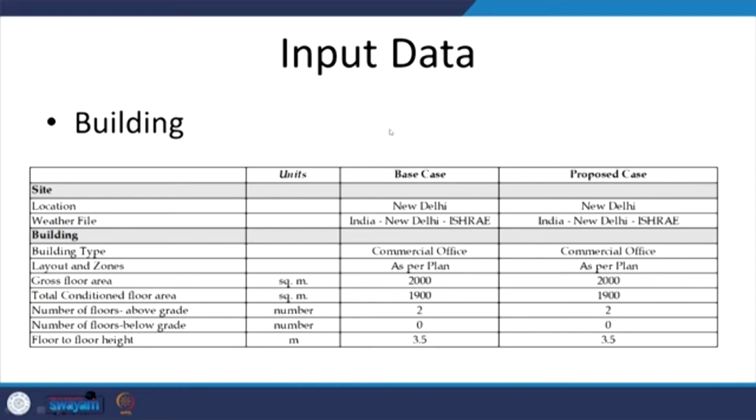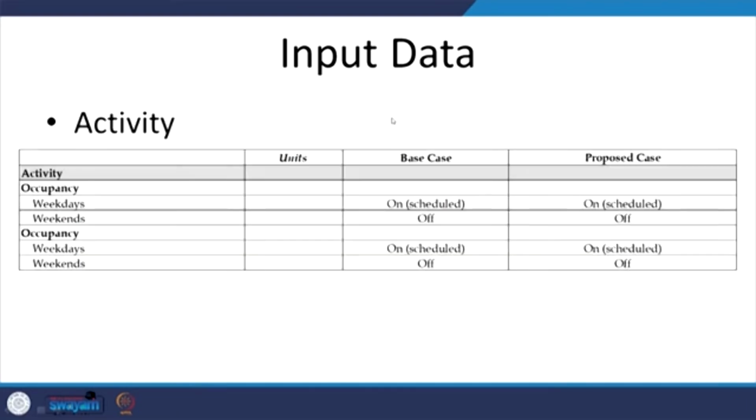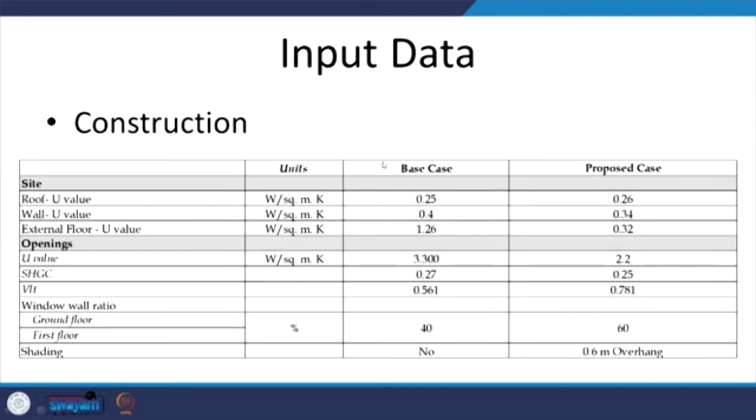So the basic building geometry remains the same. We do not have to change that in the proposed case. In case of activity, the occupancy has to remain the same and the schedules have to be the same. So people come at the same time, with the same percentage of occupants, on both weekends and weekdays. So the activity schedules remain the same.